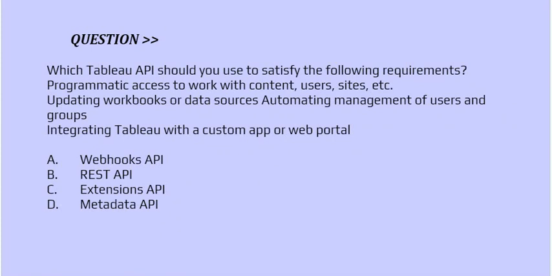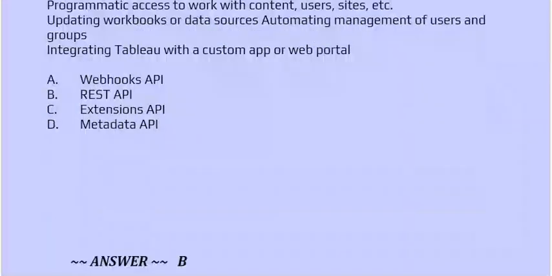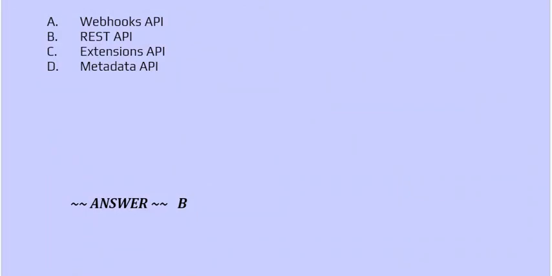Option A, Webhooks API. Option B, REST API. Option C, Extensions API. Option D, Metadata API. Correct answer is option B.